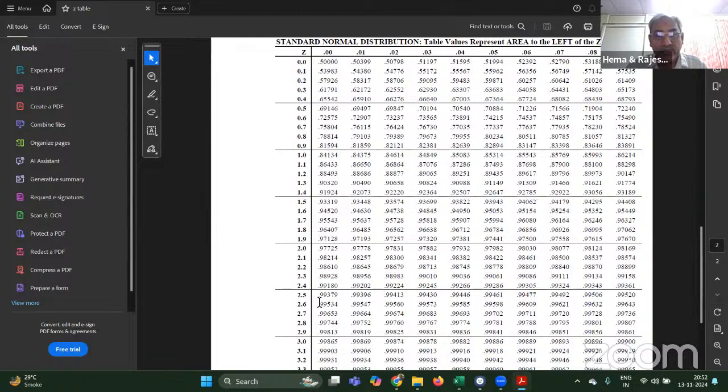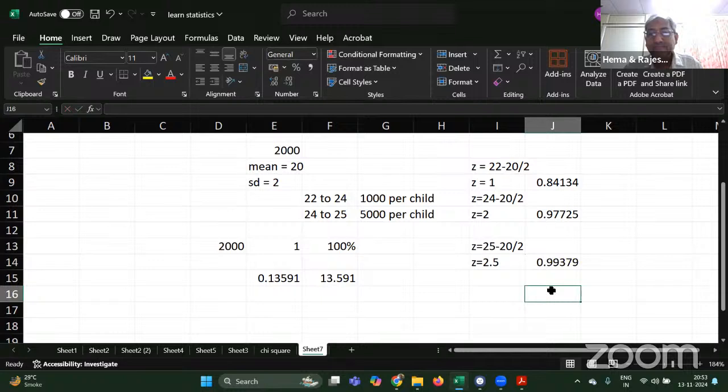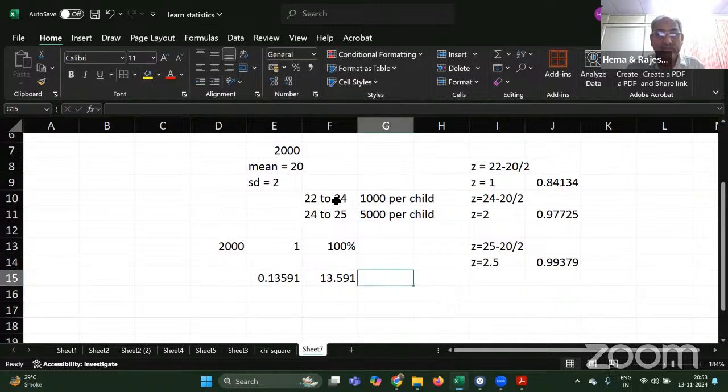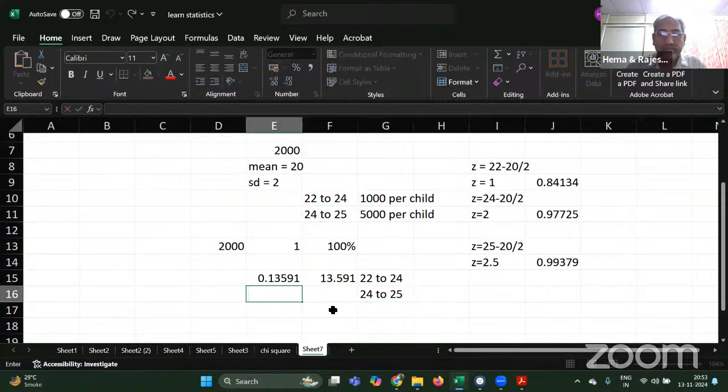So now I take 0.99379. This area under the curve will be for this, and this is 22 to 24, and this is minus this one.